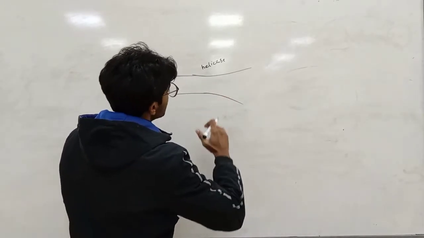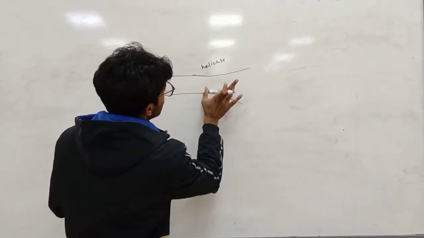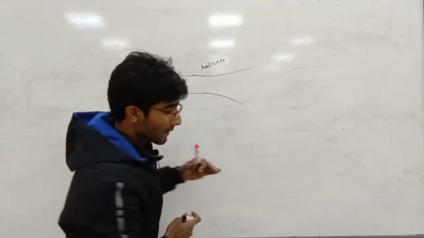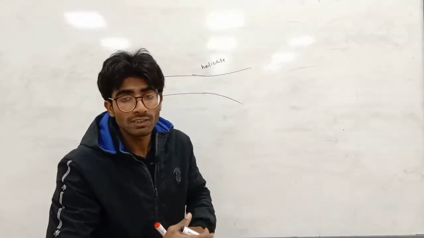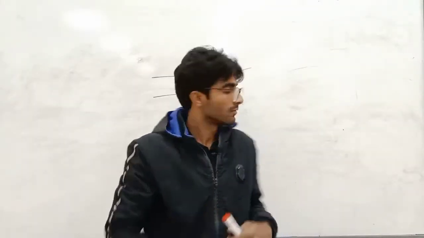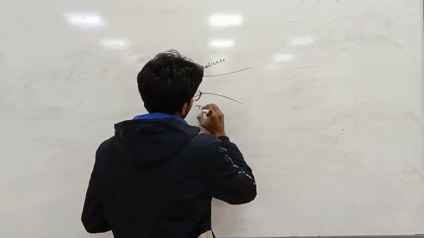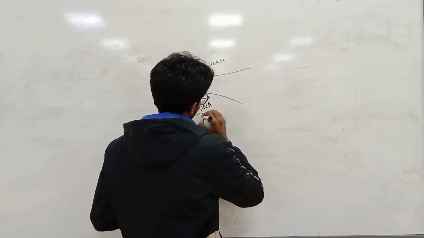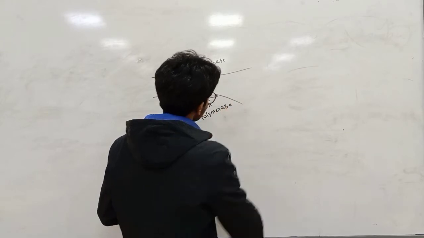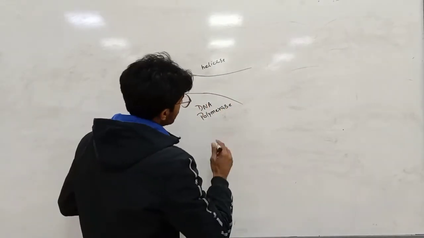In the presence of DNA helicase enzymes, there is a breakdown into single strands, and another enzyme, which forms nucleotides, is known as DNA polymerase.